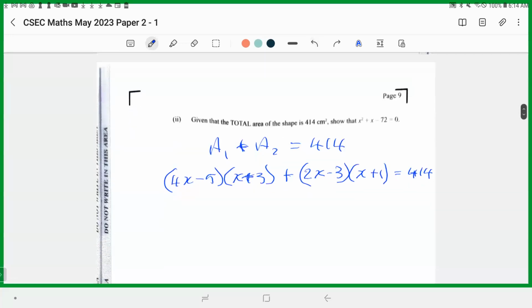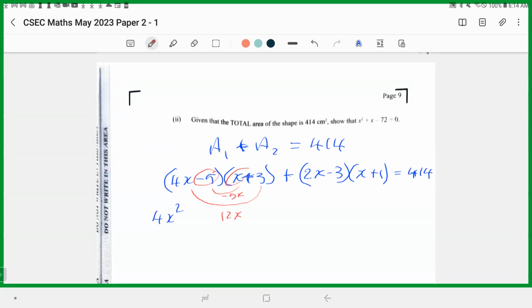Now, when we expand this side, right, it is 4x times the x first, which is 4x squared. Then the term in the middle is the sum of the far product and the near product. The far product right now is 12x, and near product is negative 5x.